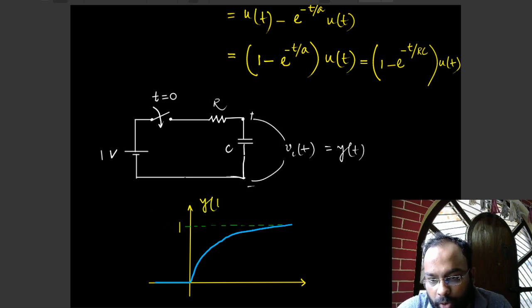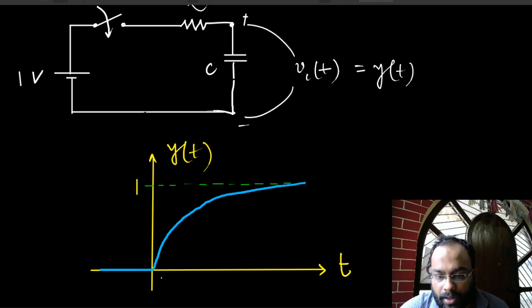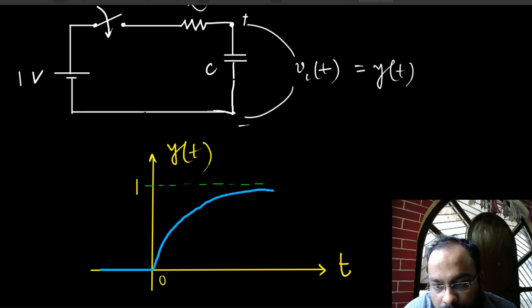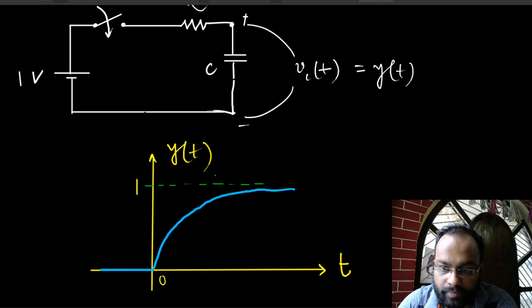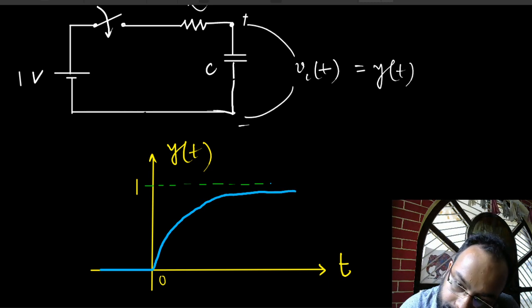So this is the output of the system. All right, so you have seen this. This is the charging of a capacitor. It's a very bad drawing, but you get the point.